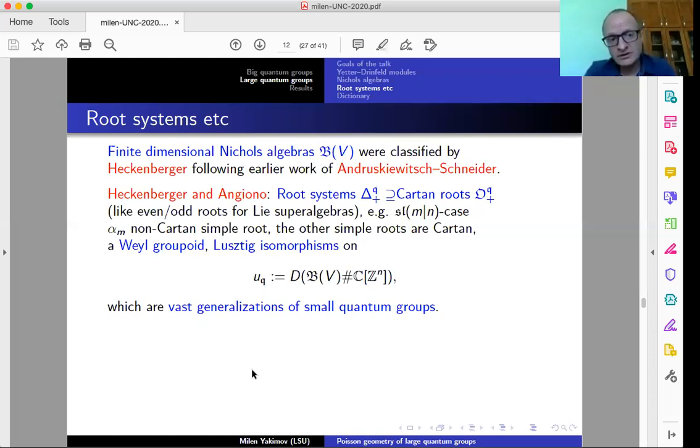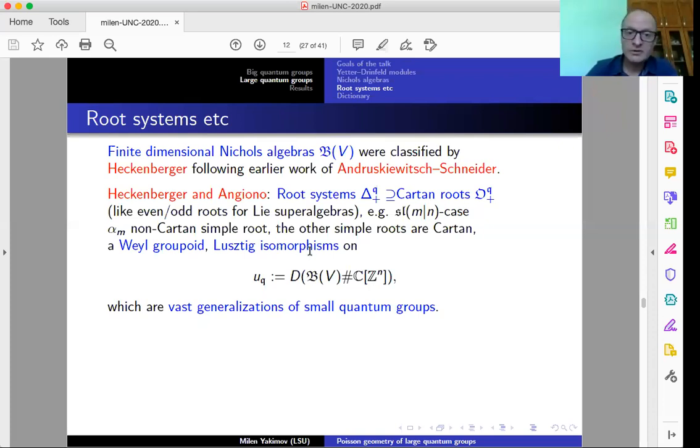And what's important is that in Heckenberger's work, he managed to introduce Lie theoretic objects associated to each of these Yetter-Drinfeld modules. He associated a root system that goes with each of them, a Weyl groupoid that generalizes the Weyl groups of Lie algebras and the Weyl groupoids of Lie superalgebras. And also he introduced Lusztig isomorphisms, which are generalizations of the Lusztig braid group action.